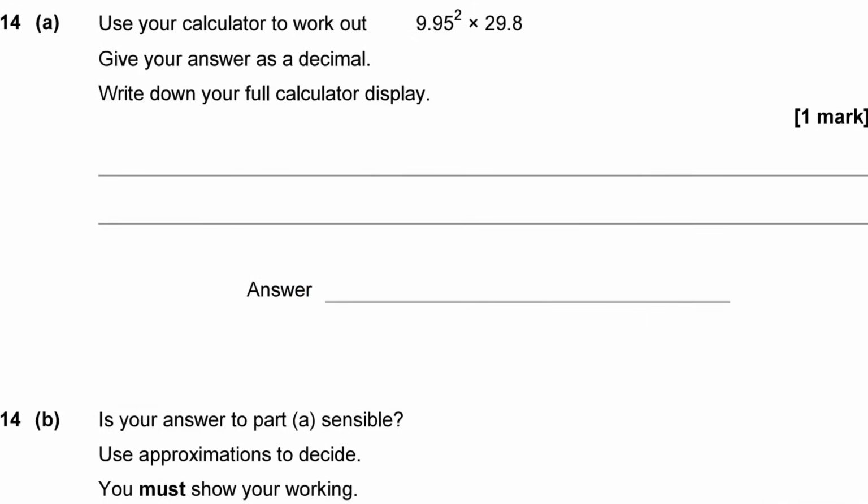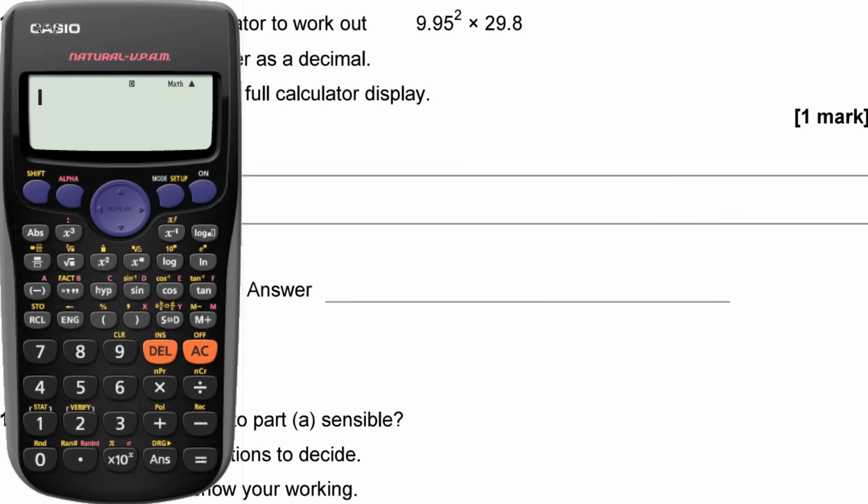Use your calculator to work out 9.95 squared times 29.8. Okay, so we've managed to gain quite a few marks already in this paper just by being able to type nicely into my calculator. So 9.95 squared times 29.8 equals.